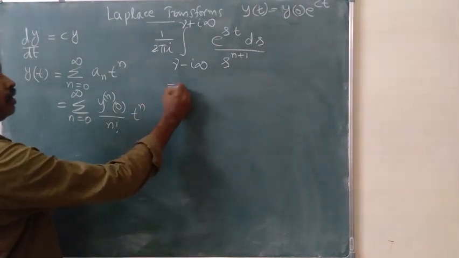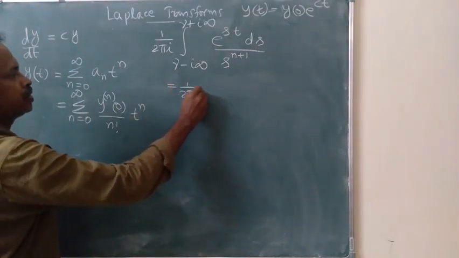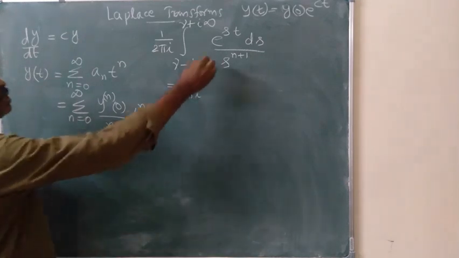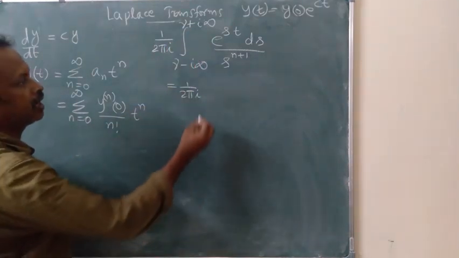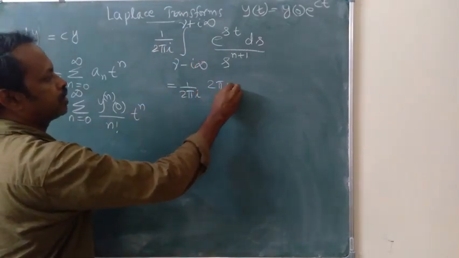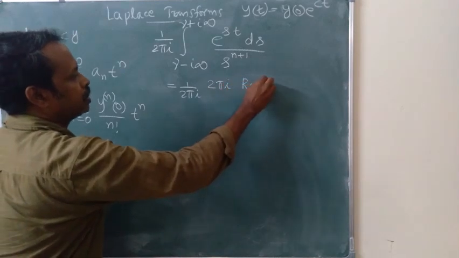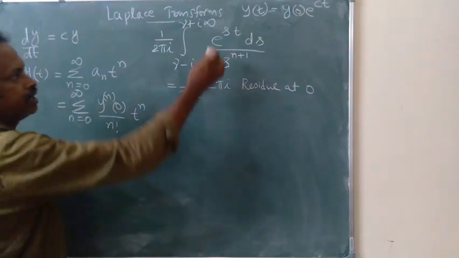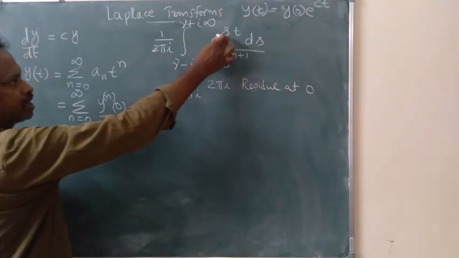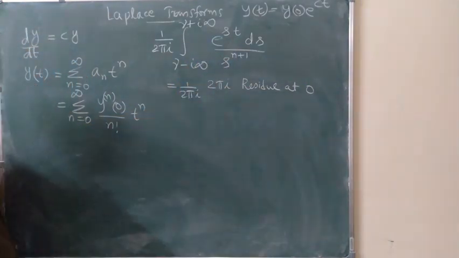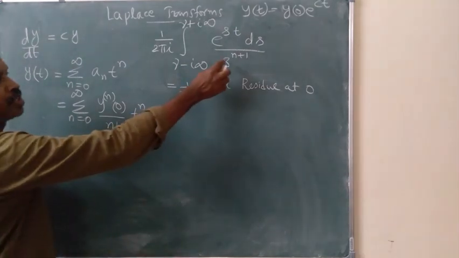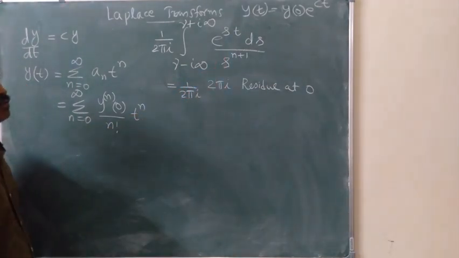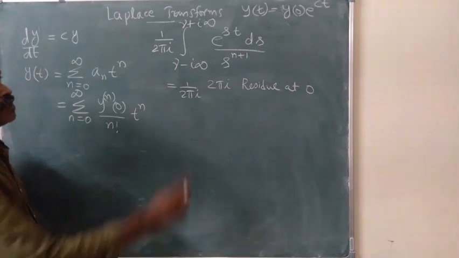Now if we apply Cauchy's residue theorem, we obtain this integral as 2 pi i multiplied by the residue at 0, because here the integrand is e^(st) divided by s^(n+1), which is not analytic at the point s equal to 0, where the denominator vanishes, and therefore it is a pole.